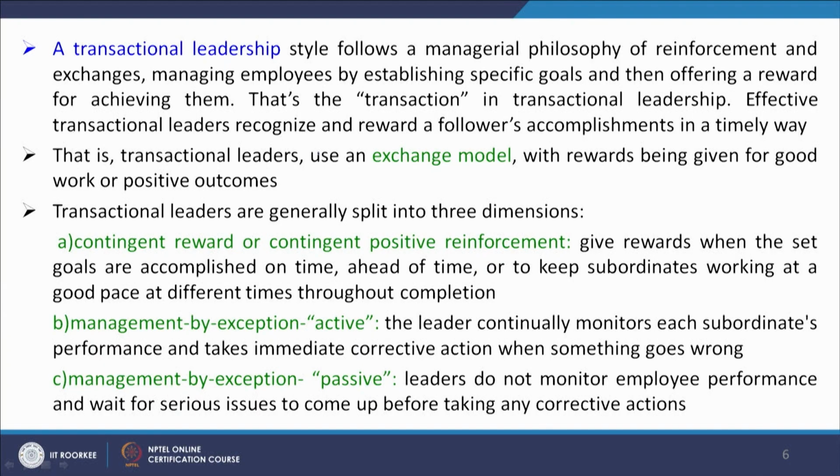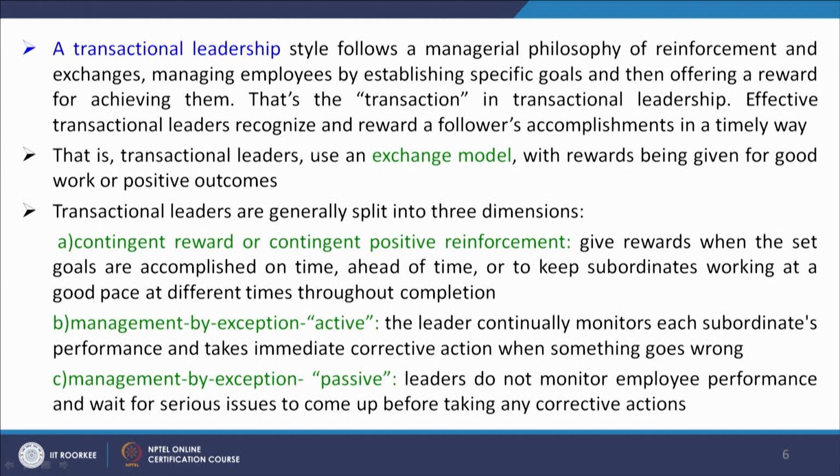It can be a meaningful experience, it can be recognition, it can be enhancement in esteem, and maybe the salary will be the secondary aspect for the leader and the follower. So, this is how Burns has identified two types of leadership, transactional and transformational, which form the base for the contemporary models of leadership. Now, we will get into details of transactional leadership style. So, this leadership style is working on the managerial philosophy.